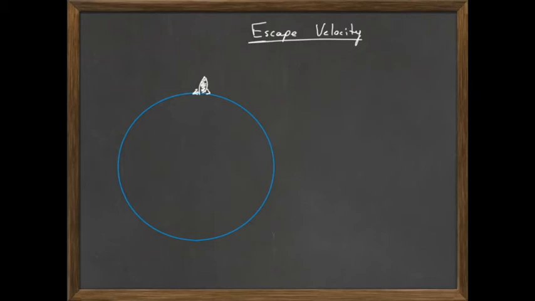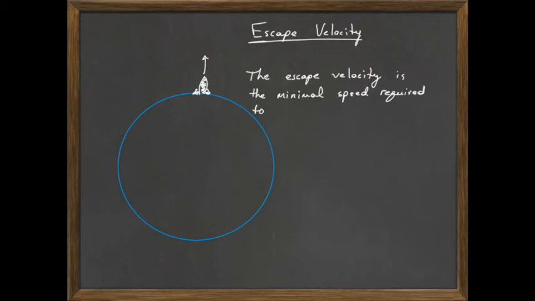So let's imagine the Earth, and we've got a little rocket up here at the top, and we're trying to launch it away from the planet, and we're trying to reach a point so that we lose all gravitational effect and we've escaped the Earth's gravitational pull. Okay, so that basically gives us the definition for the escape velocity. It's the minimal amount of speed that's required in order to escape the gravitational influence of the planet.